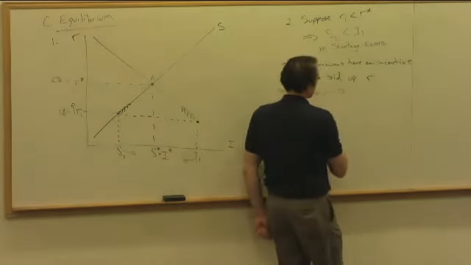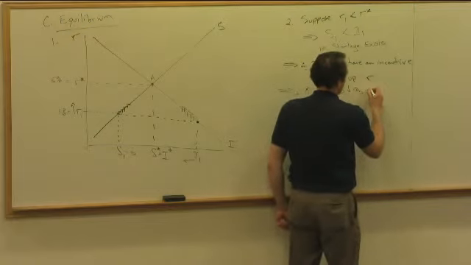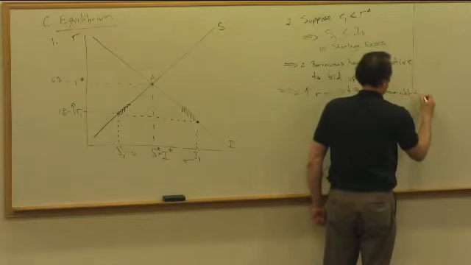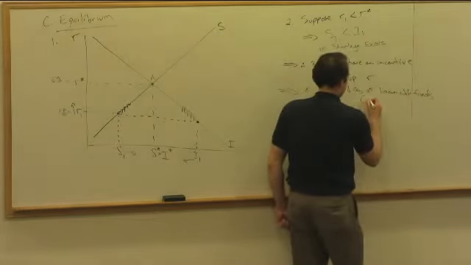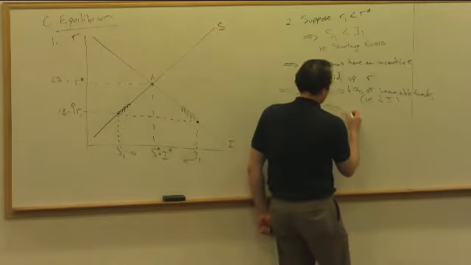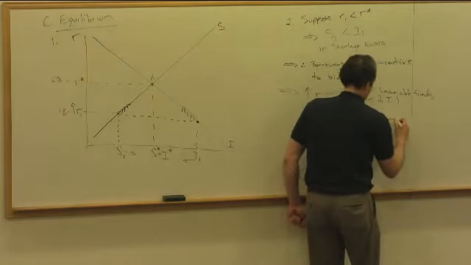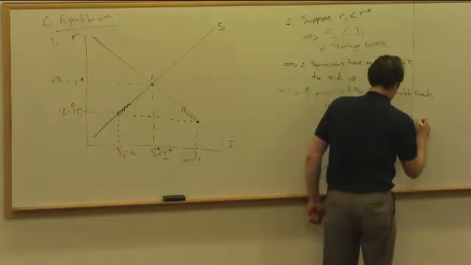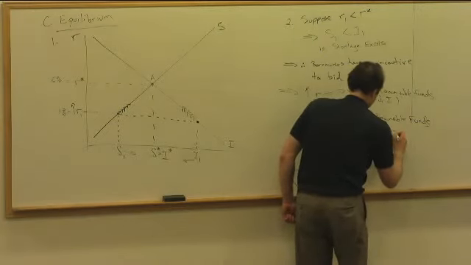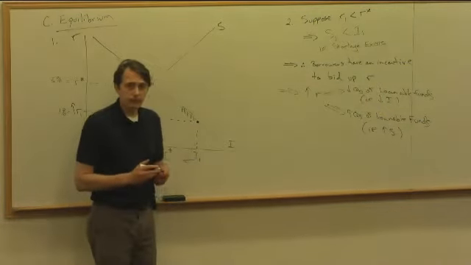You increase the real interest rate, that's going to decrease quantity demand of loanable funds, i.e., decrease investment. And it's also going to increase the quantity supply of loanable funds, i.e., increase national savings, or the quantity supplied of national savings.